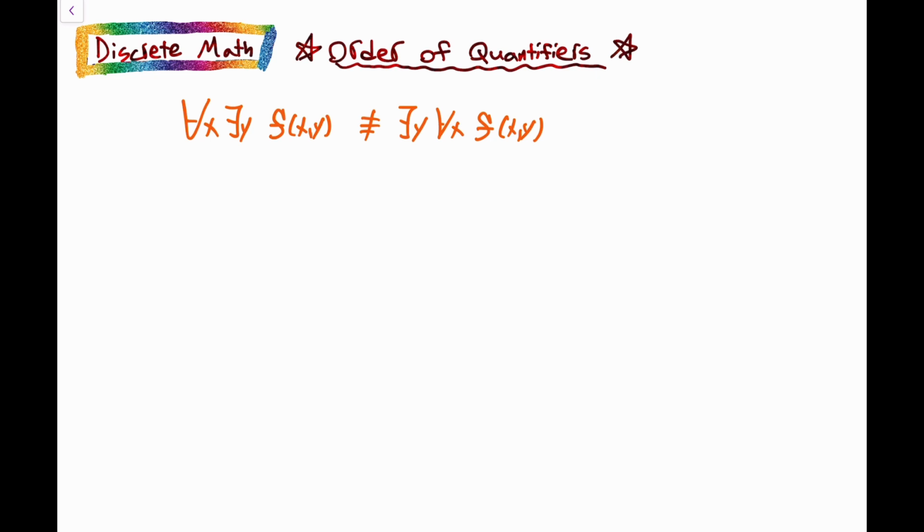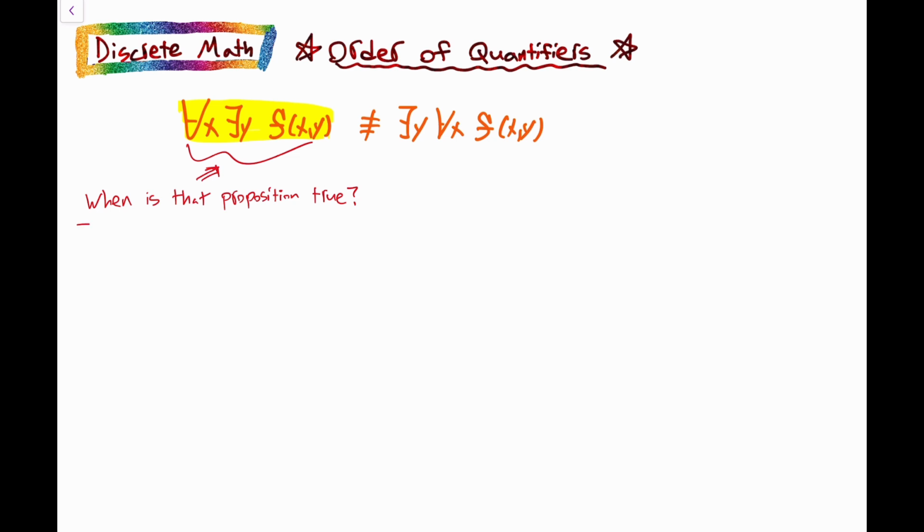We can see they're not equivalent by thinking in terms of what makes a given proposition true or false. For instance, take this left-hand side: for all x, there exists a y such that f of xy. When is that proposition true? For every x, there exists a y, some y value, such that the function holds, such that it is true.